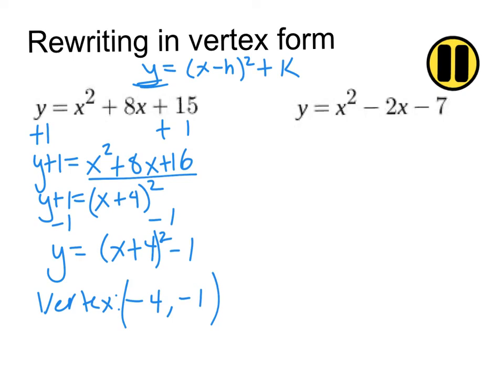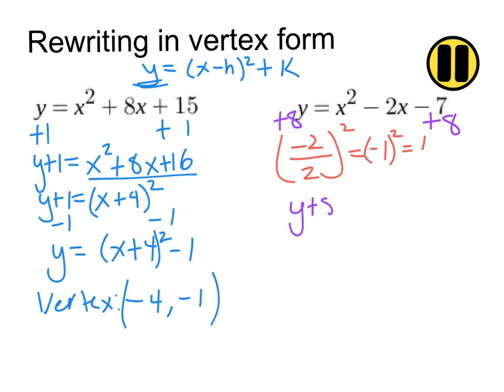So first thing we need to do is figure out what to add to make it a square. So that's going to be negative 1 squared, which is 1. So that means in order to get negative 7 to be 1, I'm going to need to add 8, because that'll give me 1 as my c value.